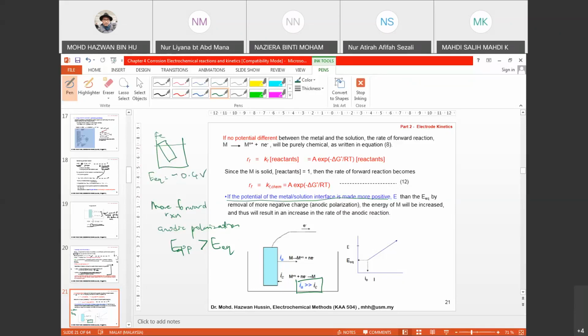So if you connect it to some rectifier or supply, you can control the potential value. You make it more positive, you increase it. So what's going to happen? You have more oxidation process, more forward reaction, more oxidation. You see that the metal will have more mass loss and others.